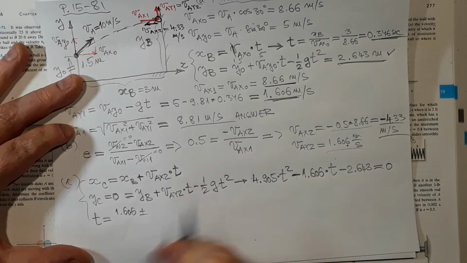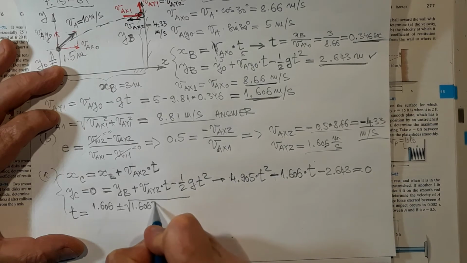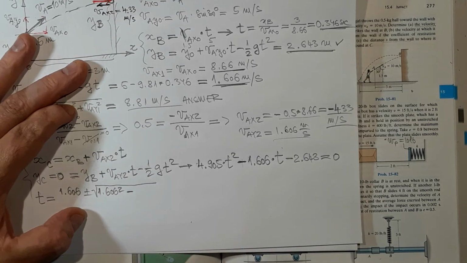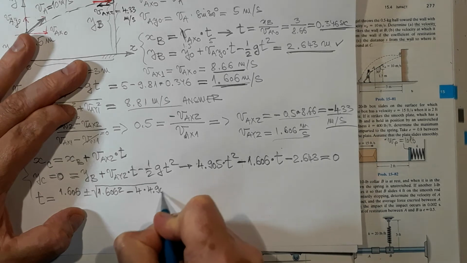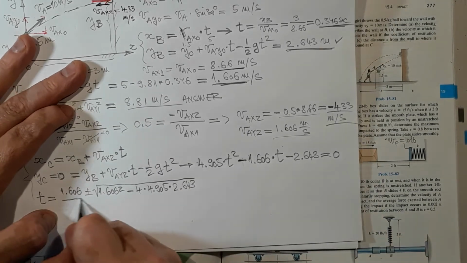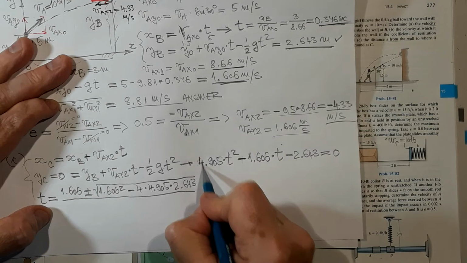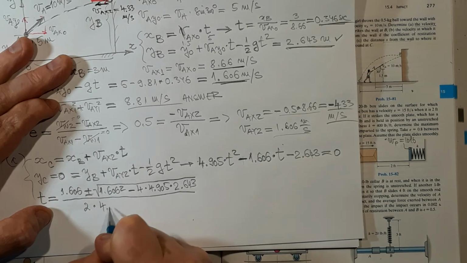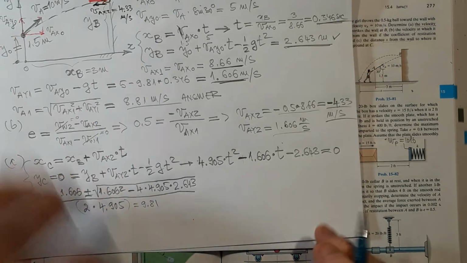Okay, so t is going to be 1.606 plus minus, and again we'll take the plus in front of the square root of 1.606 squared minus 4 times 4.905 times 2.643, everything divided by 2 times 4.905, which is 9.81 back to the gravity.